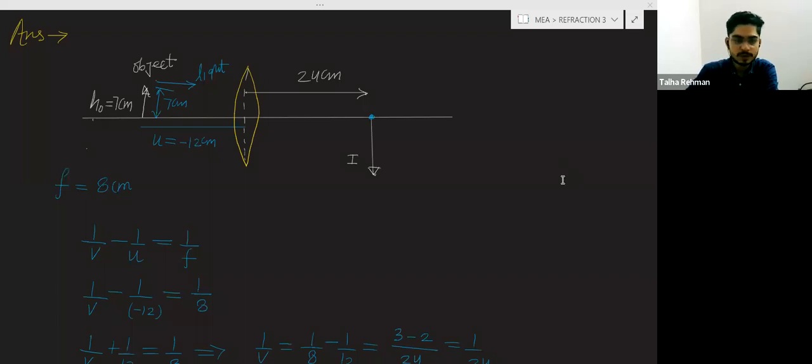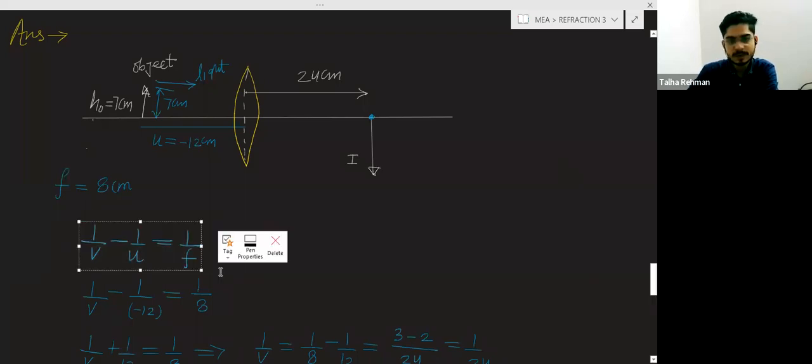If you do not know this formula, then you cannot solve the question. Your answer will be different every time. The answer comes out different if you do not follow the proper sign convention.